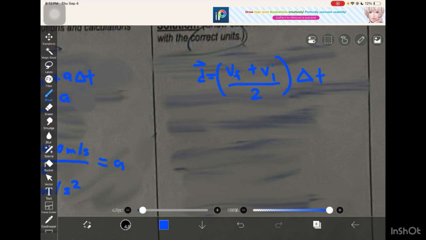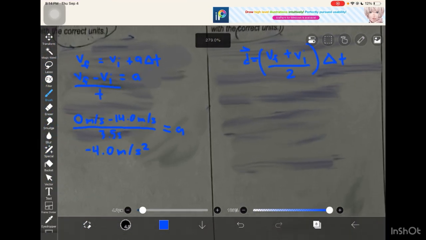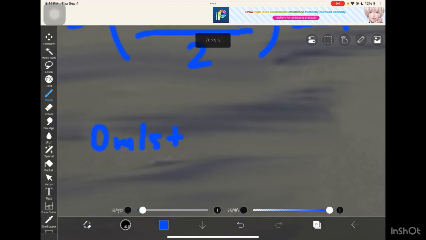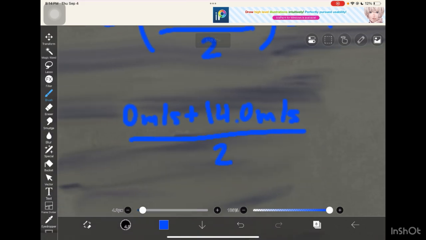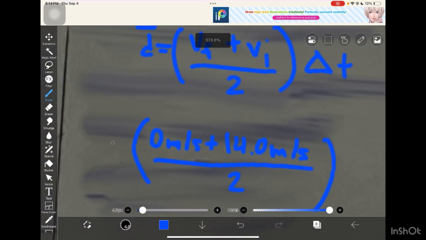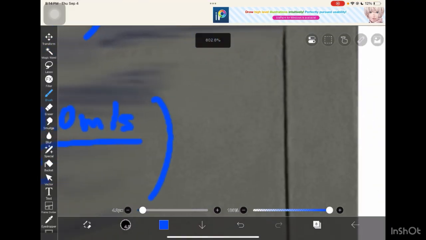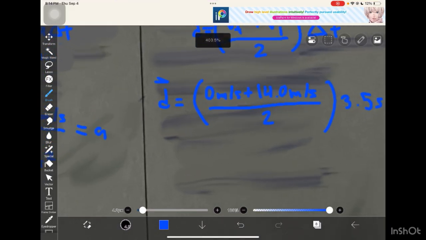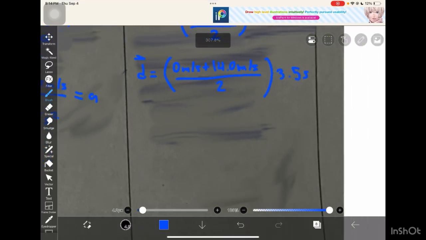So we have in parentheses first, fraction. We have v sub f, that's 0 meters per second plus 14.0 meters per second over 2 times 3.5 seconds. So let's do this.